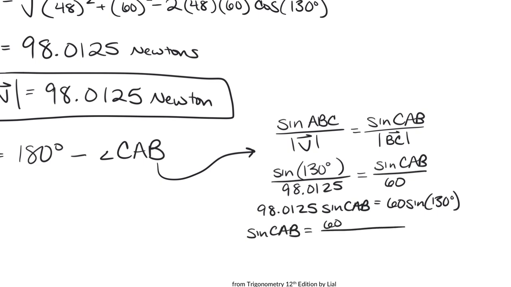Yeah, so it'll be 60 sine of 130 degrees divided by 98.0125. Can I throw that in a calculator right now? No, we have to do the inverse sine. Since we're looking for the angle inside of sine, angle CAB will be equal to the inverse sine of all of that.